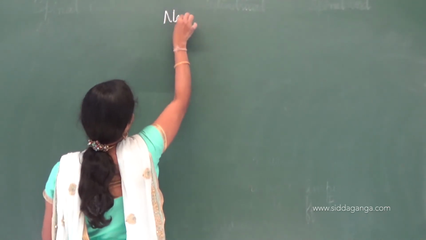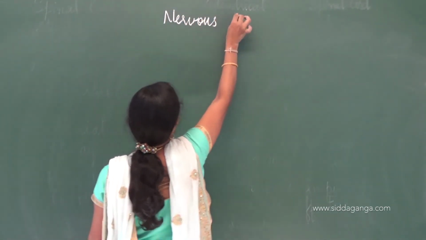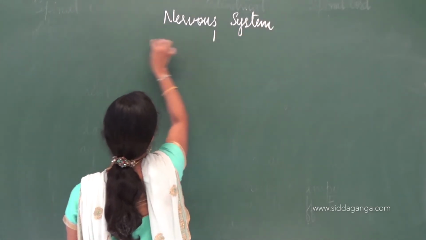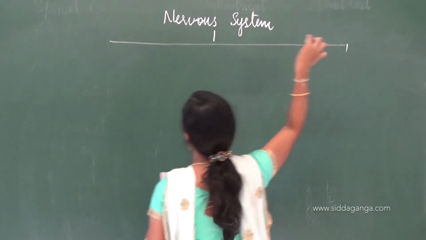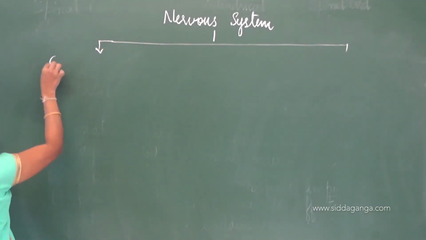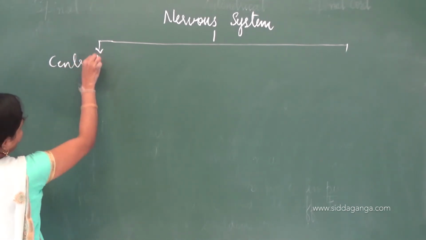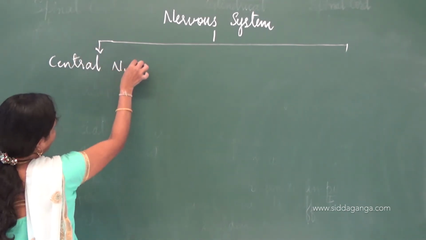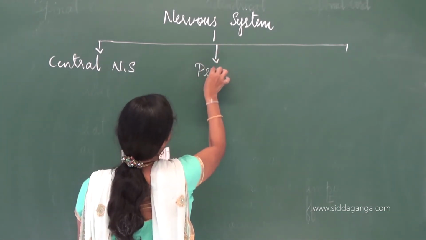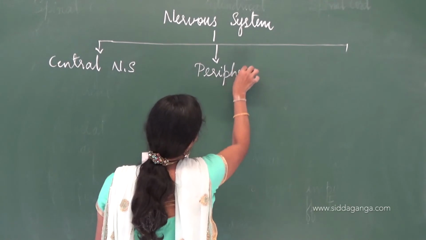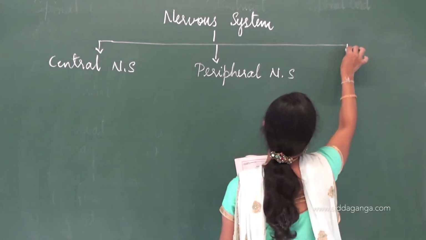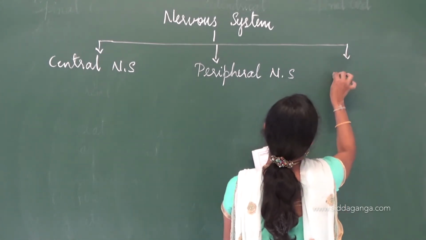Here is a flow chart. Nervous system. The first is the central nervous system. The second one is the peripheral nervous system, and the third is the autonomic nervous system.